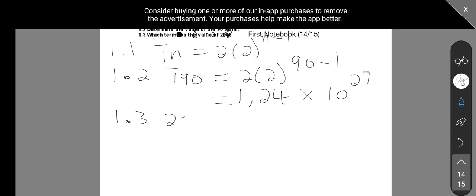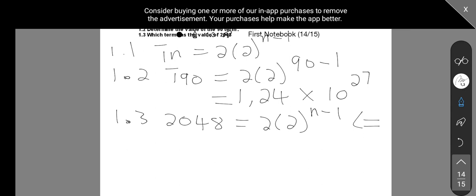We're going to say that 2048 is equal to 2 multiplied by 2 to the exponent n minus 1. We are plugging this inside the formula which we have found in 1.1.